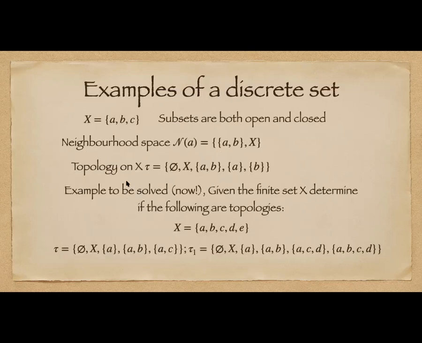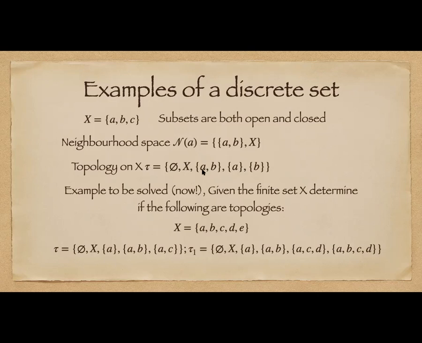Okay, so here we have this tau as being claimed to be the topology on X. How do we verify that? So the first axiom is satisfied, the empty and the X are included in tau. Next axiom is that all the unions of the subsets of X should also be in tau.